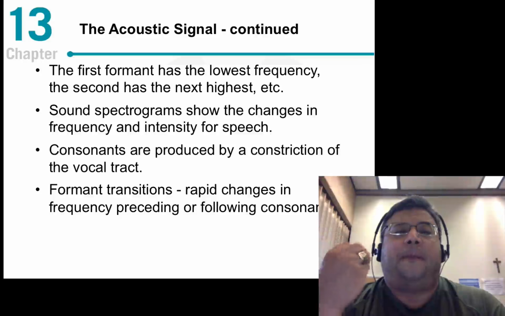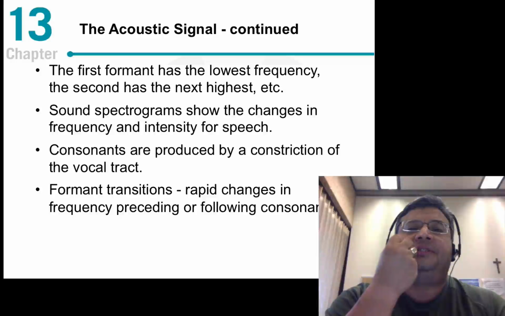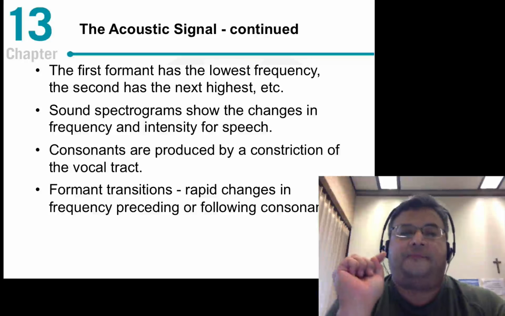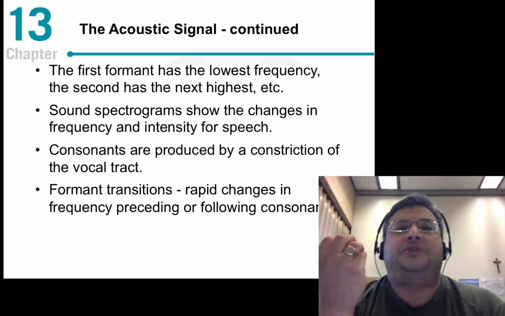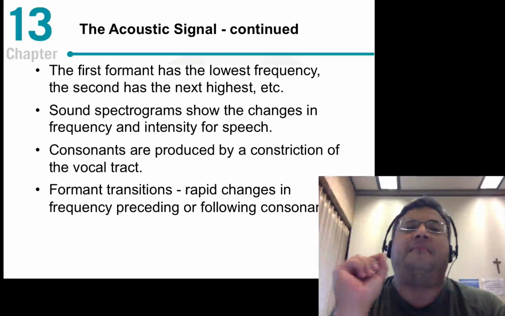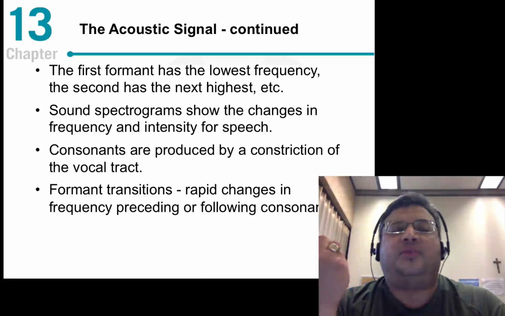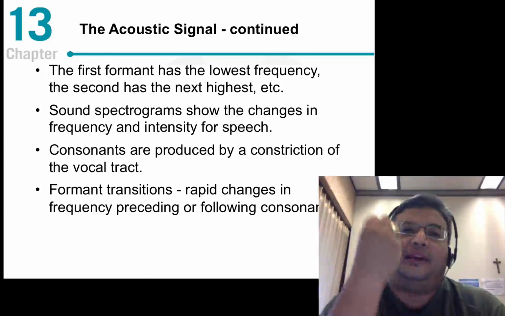Consonants, like B, K, V. Consonants are created by creating blockages in the vocal tract. Okay? So, in other words, to produce the sound B, you put your lips together, B, and then do an explosive release, B. If you say the letter K, you'll notice that you're putting your tongue at the back of your palate and then releasing it.